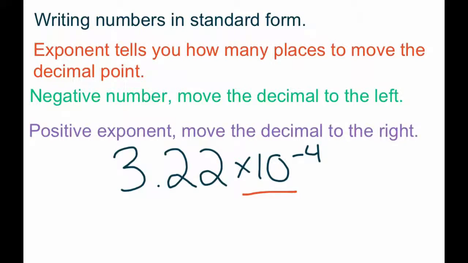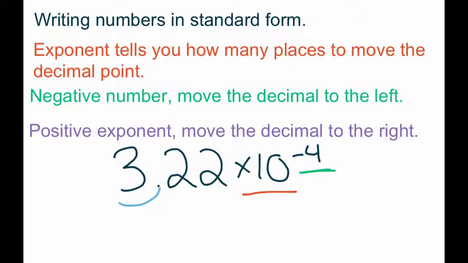Now, when we are writing numbers in standard form, we look at the exponent, which here is -4. The exponent tells you how many places to move the decimal point. If the exponent is negative, then we move the decimal to the left. Here we have a -4, so we're going to move our decimal to the left.